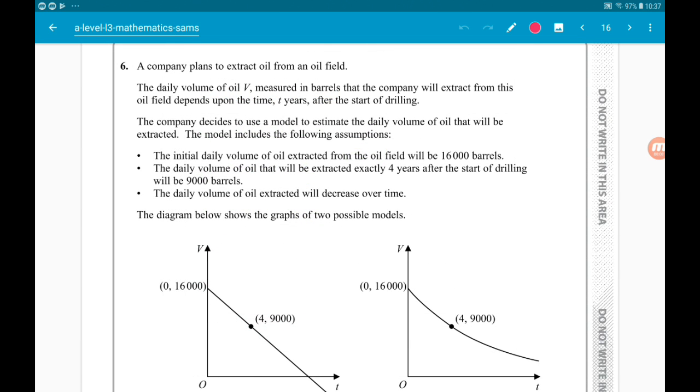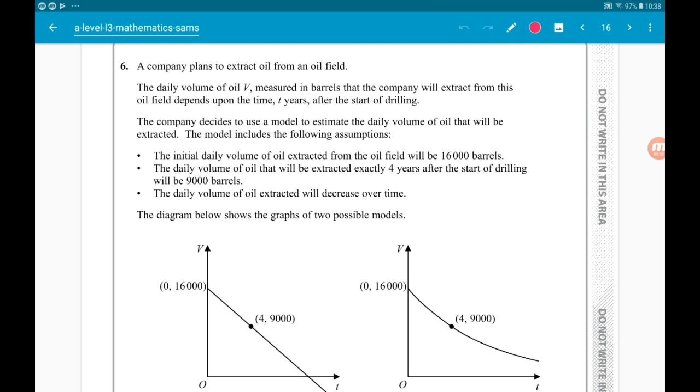Number 6. A company plans to extract oil from an oil field. The daily volume of oil V, measured in barrels, that the company will extract from this oil field depends upon the time T years after the start of drilling.